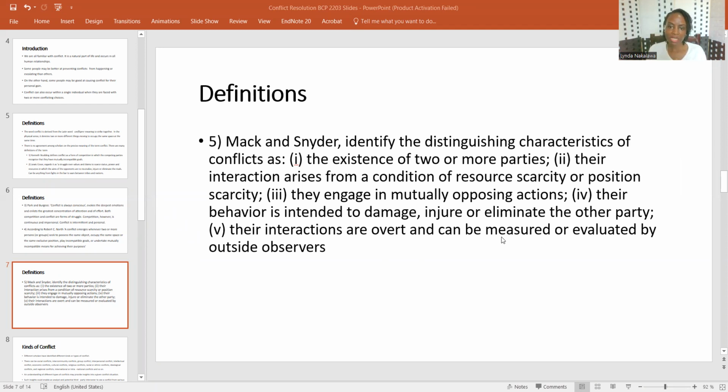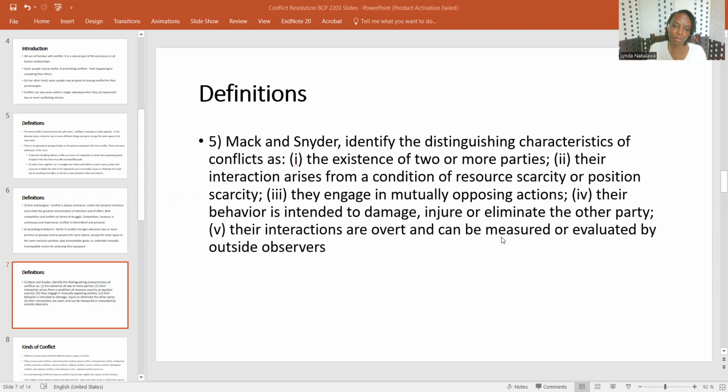Their behavior is intended to damage, injure, or eliminate the other party. And finally, their interactions are overt. Remember, we said overt means observable. Observable means we can see it, okay? And they can be measured or evaluated by outside observers.